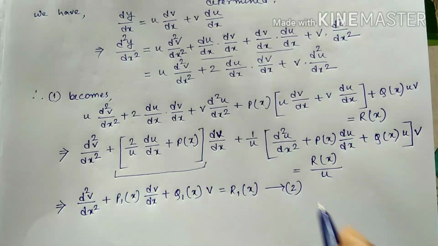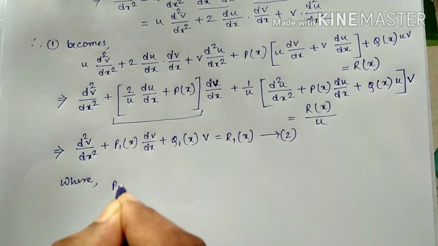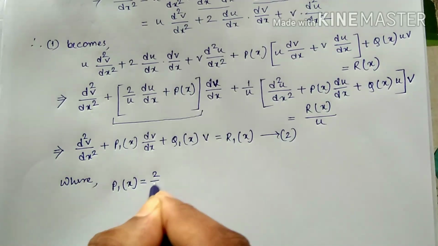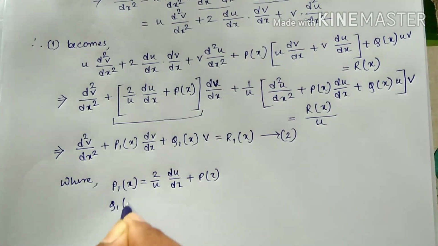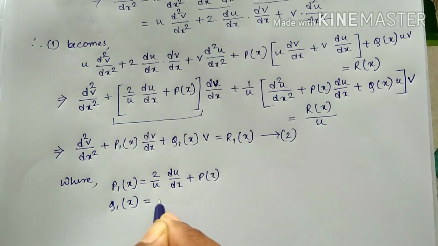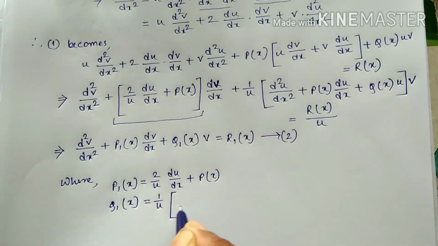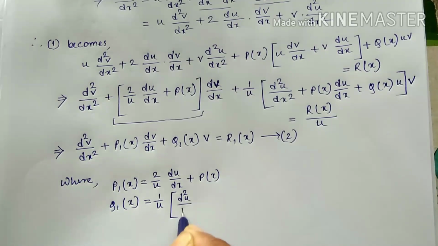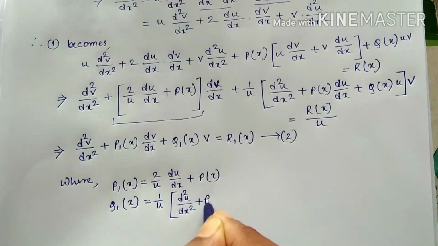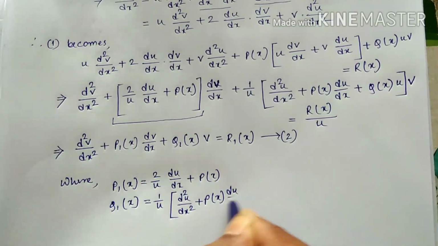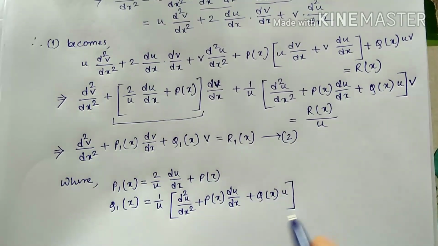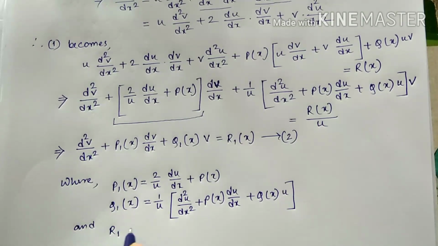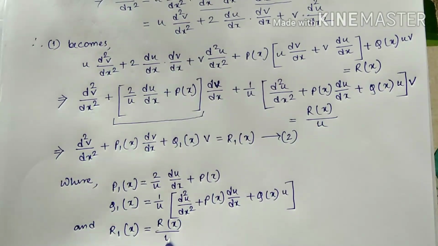Equation number 2, where p1 of x is equal to 2 by u du upon dx plus p of x, q1 of x is equal to 1 by u within brackets d2u upon dx square plus p of x du upon dx plus q of x u, and r1 of x is equal to r of x divided by u.